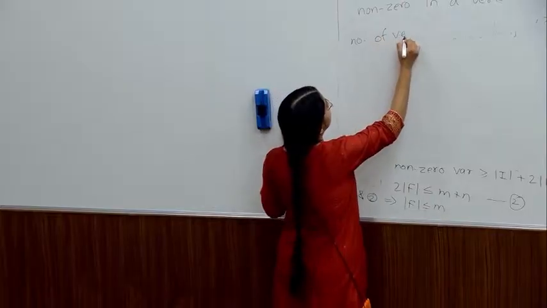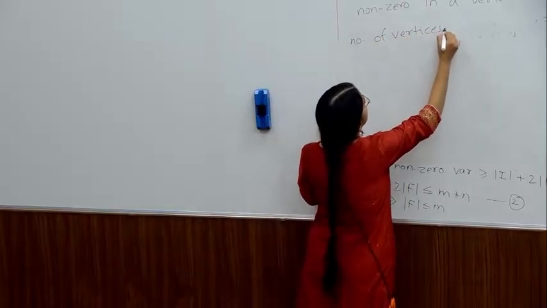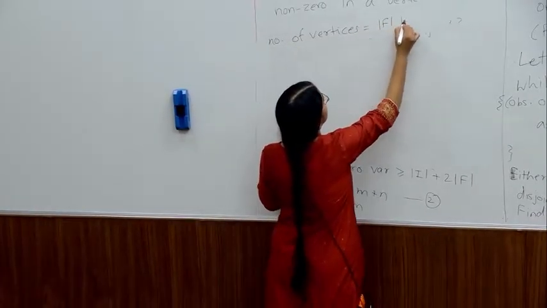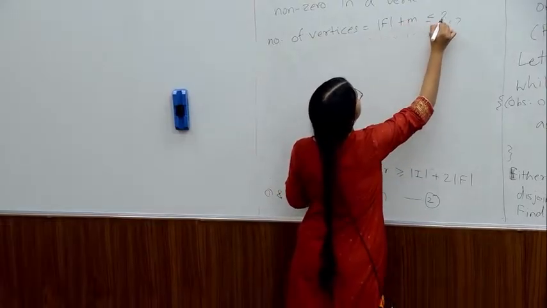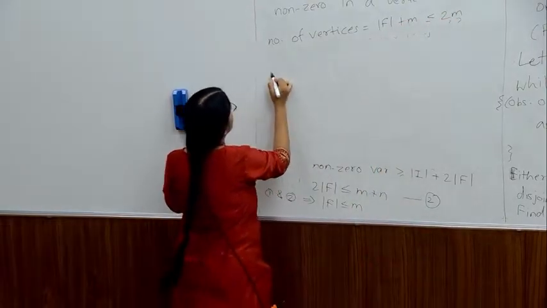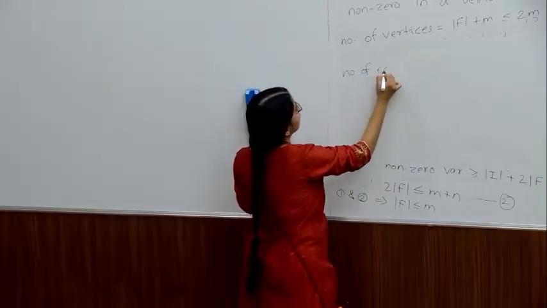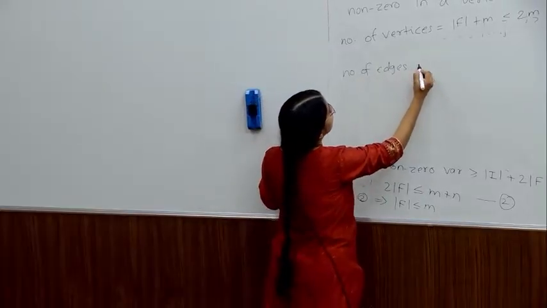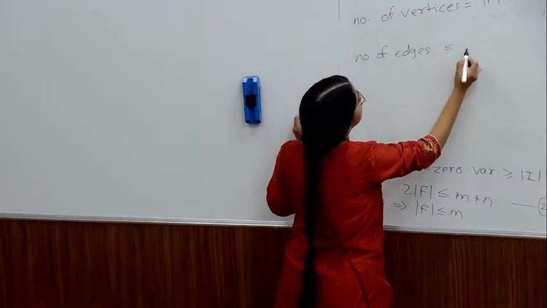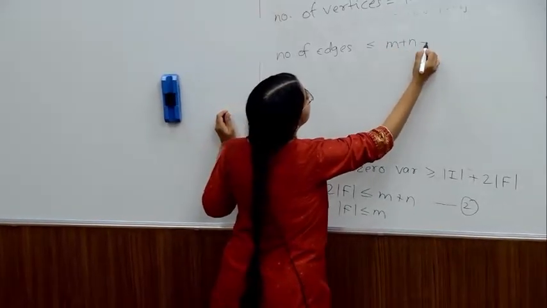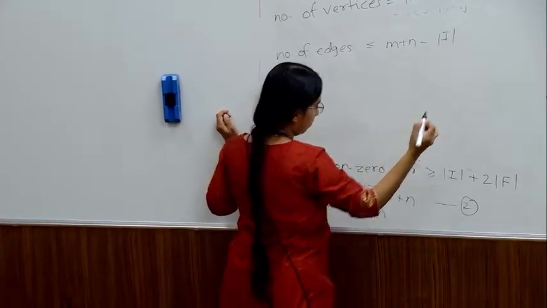So, the number of vertices is |F| plus m, which is less than or equal to 2m. The number of edges is n plus n minus |I|.